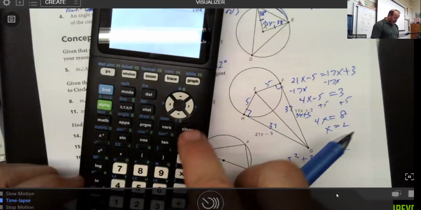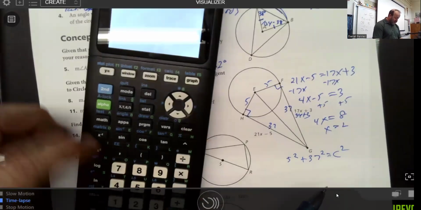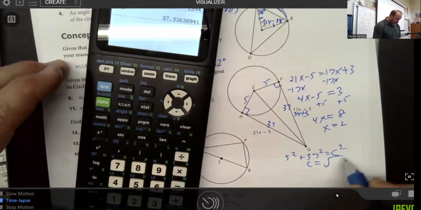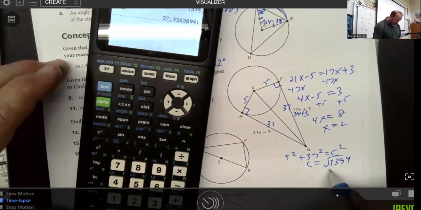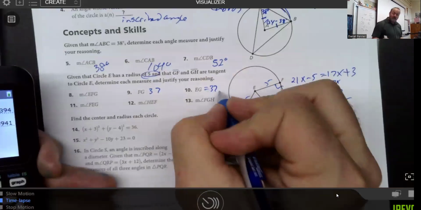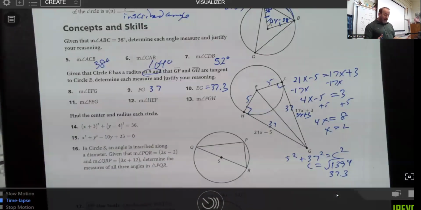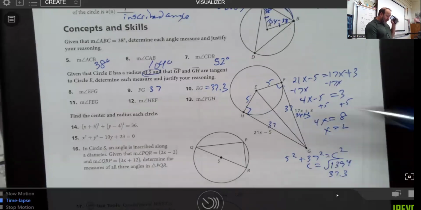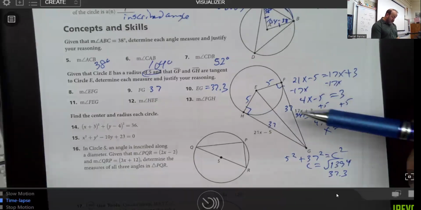If I were to take 5 squared plus 37 squared and square root that, I would find out that C is the square root of 1394, which is 37.3. So that actually kind of surprises people that it's relatively close in size to this side that is 37.